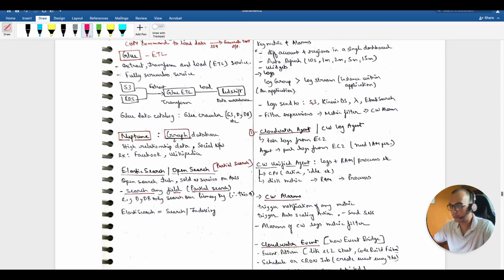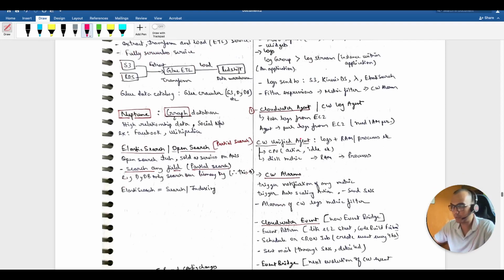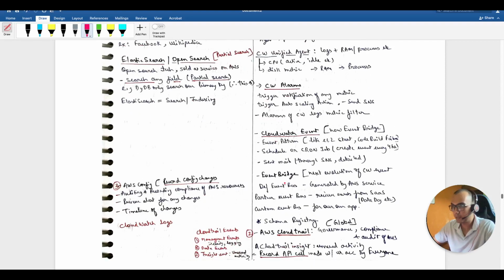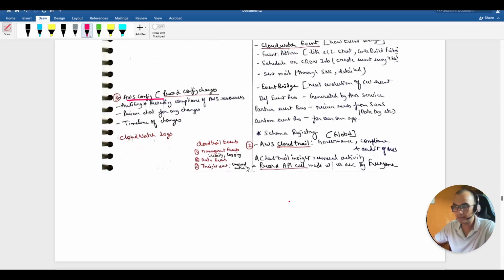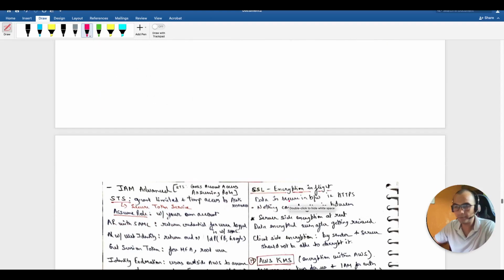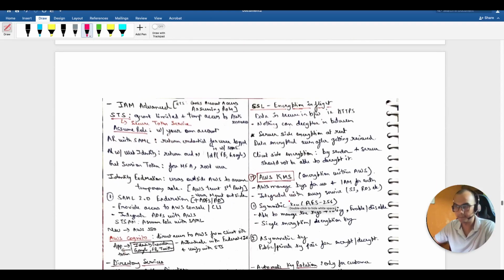We have dashboards, CloudWatch agents, CloudWatch events. These are similar sounding terms, and it was very confusing for me to remember the differences between AWS Config and AWS CloudTrail. But as you move towards solving your mock tests, with each and every iteration, it will be very easy for you to remember those.